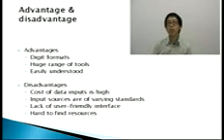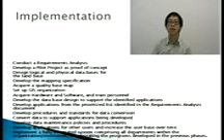Then I'd like to talk about the implementation of GIS. The first step is to do a requirement analysis. The requirement analysis serves as an overall framework of the project. It defines who the users will be, what applications will be implemented, and what requirements are needed to support those applications.